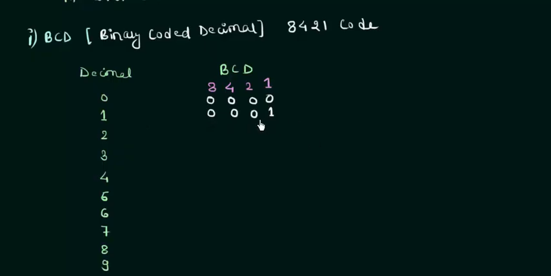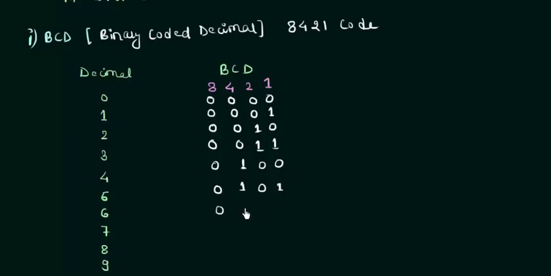Similarly, if you want 2, you have 0, 0, 1, 0, because the second bit has weight 2. For 3, you want 0, 0, 1, 1, since 2 plus 1 is 3, and 4 will be 0, 1, 0, 0, and 5 is 0, 1, 0, 1.